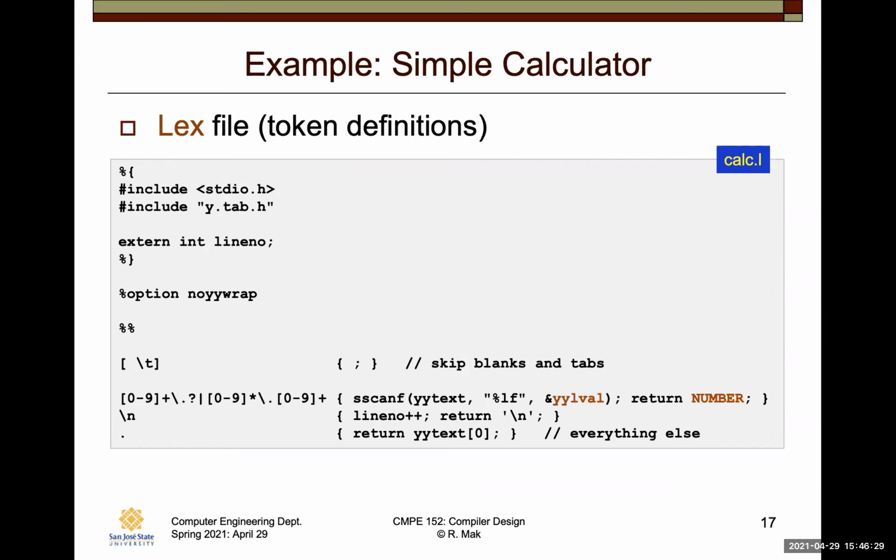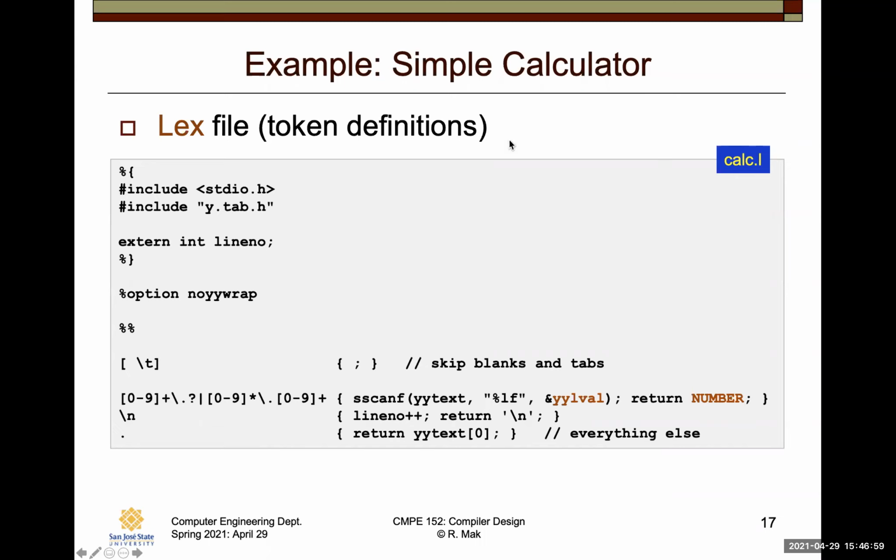The tokens were at the bottom part of your .g file. Yak and Lex separated them into two different files. So you have one .l file that contains the regular expressions that describe the tokens of the language. And then there's a .y file that contains the actual grammar rules.